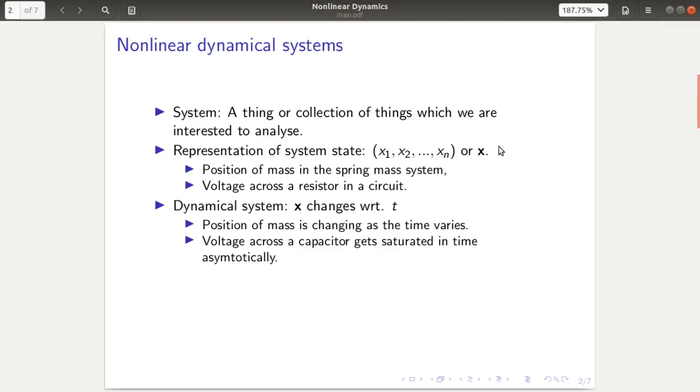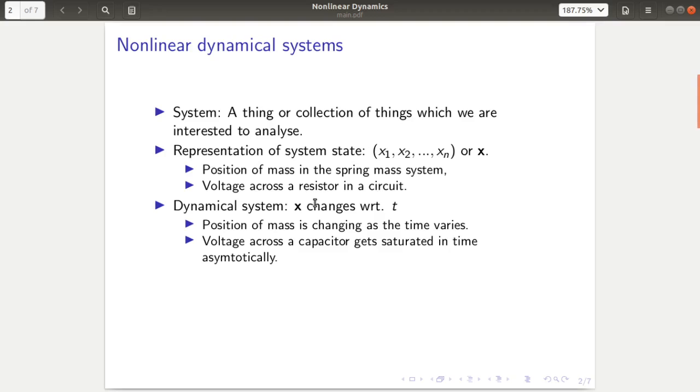As an example, let's consider a spring mass system. In the spring mass system, the position of the mass could represent what state that system is in. So the spring mass system is the system, and the position of the mass is the state of the system, and that variable is a state variable.